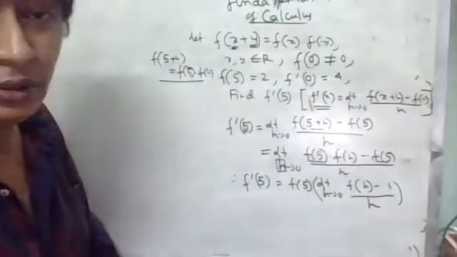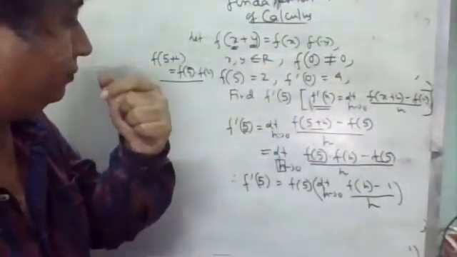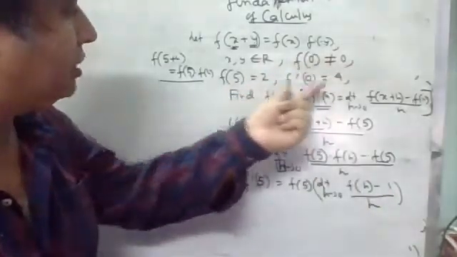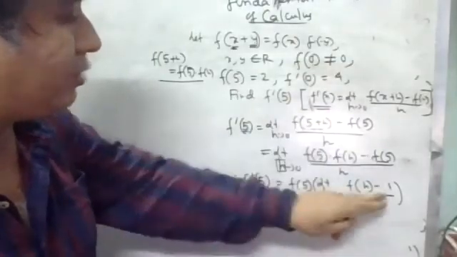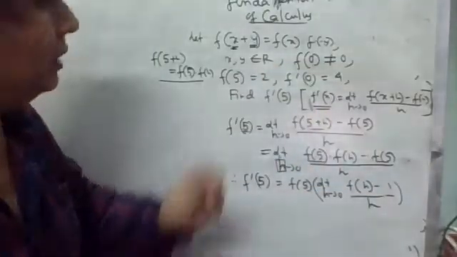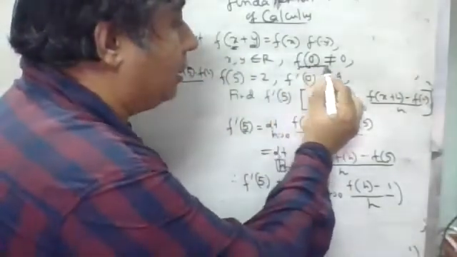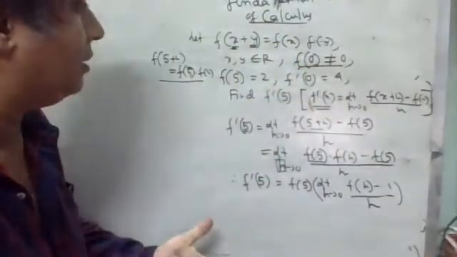What next? Any other clue given? See, there is no such value to which I can relate 1 in this context. But there is a clue, f(0) not equal to 0. Why f(0) is given?